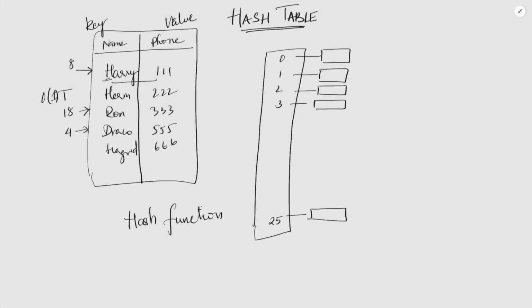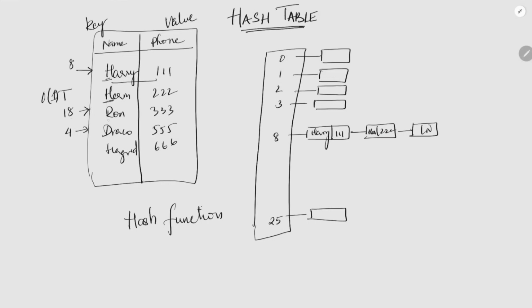So what we are going to do is find 8 in the dynamic array and insert our first key value pair, which is going to be Harry and the phone number against it, and this is going to point to a null value. And then the next name is Hermione, which is also against H. So we are going to create a linked list here, move the null value over and put this as Hermione with her phone number.